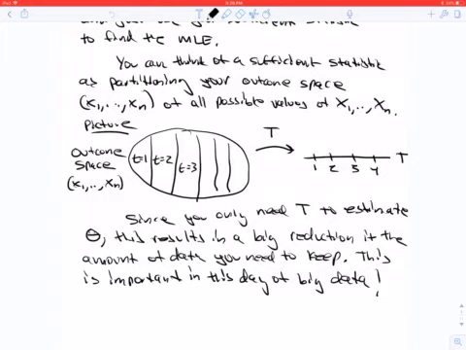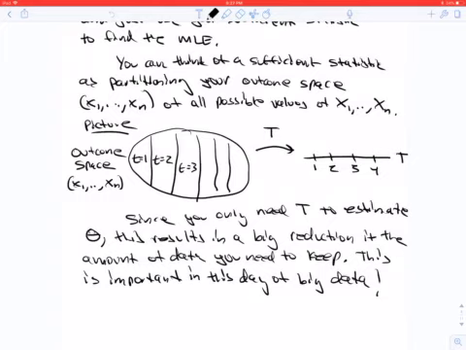So one way to think about sufficiency, say that your sufficient statistic is the sum of your x1 to xn, then that creates a partition of your outcome space. By outcome space, I mean all the different values x1 to xn that your random variables take.